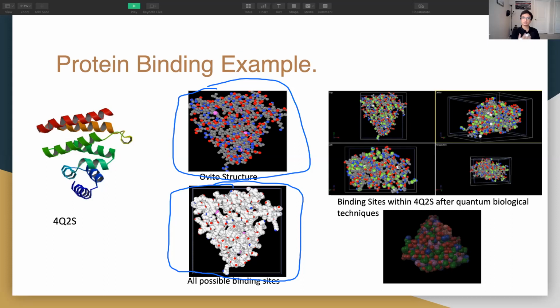I'm exploring using a quantum computer in two different stages. My first stage is to filter out all the unnecessary binding sites. How can we do that? I can take these binding sites and map them to the qubits.